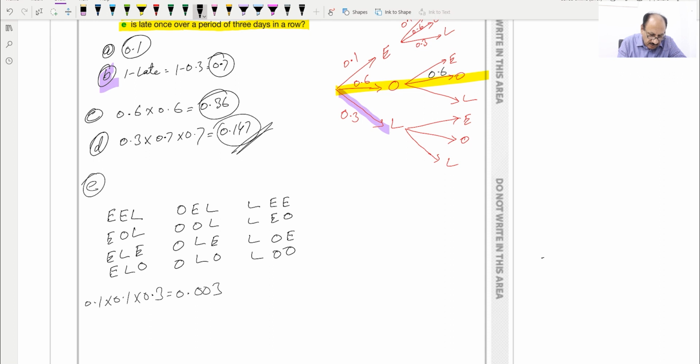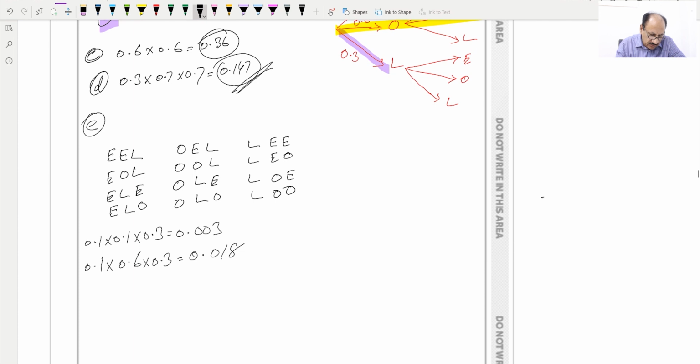So I will write 0.003. Okay, this one I will keep as it is. Then early, which is 0.1, into on time, which is 0.6, into next one is late, so late is 0.3, so this will be 0.018.